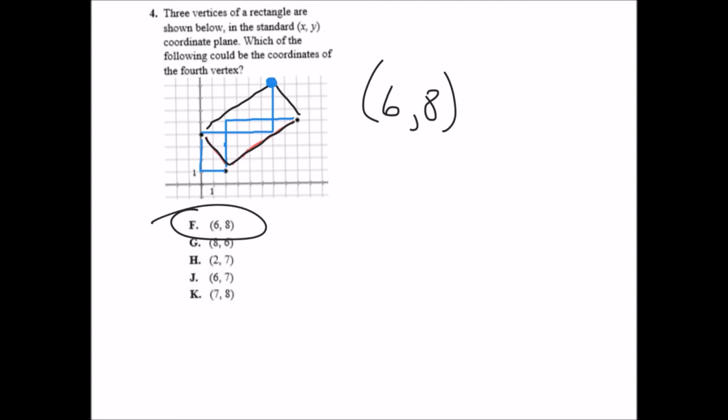So if we go over 6 and then up 4, we arrive at a point here which completes our rectangle and gives us a value of 6, 8. The correct answer is F.